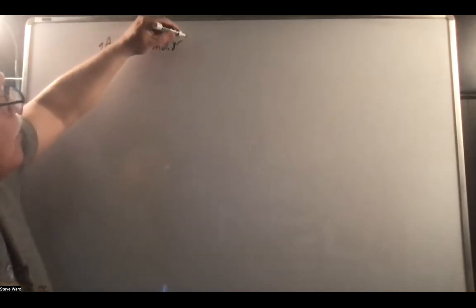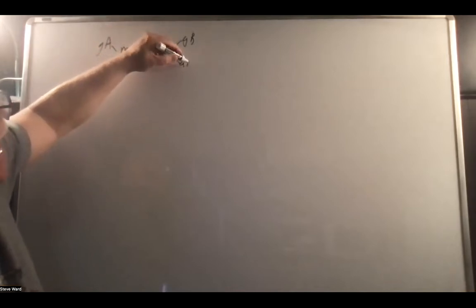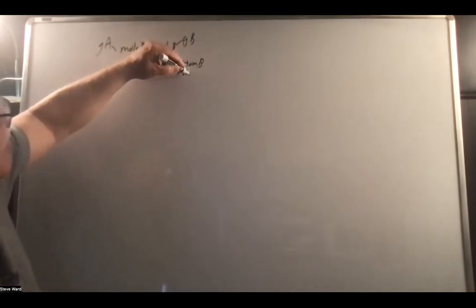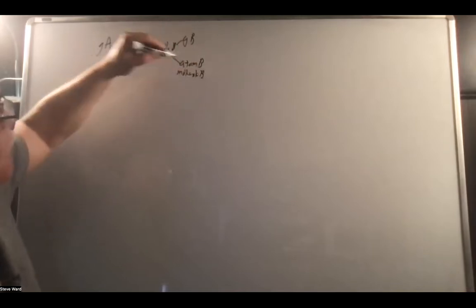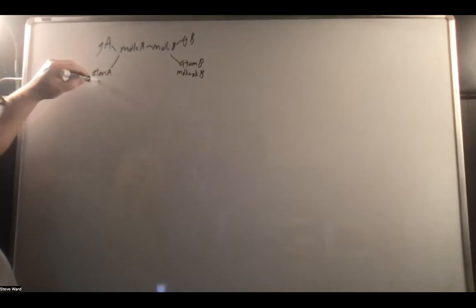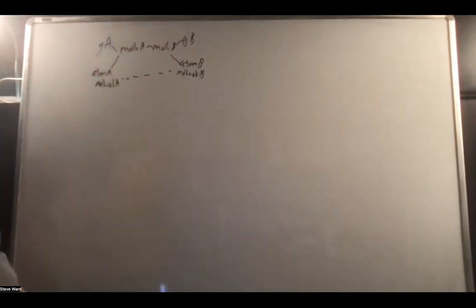So I've got grams of A to moles of A to moles of B to grams of B. And down here I have atoms of B, molecules of B, and so forth and so on. And over here I have atoms of A and molecules of A, and these are connected by a dotted line.